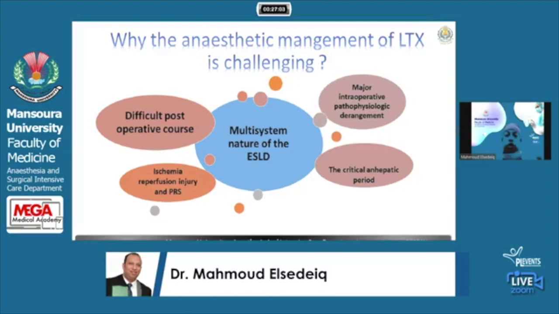Also, there are major intraoperative pathophysiologic derangements: the critical anhepatic period, ischemia reperfusion injury, and post-reperfusion syndrome, and a difficult post-operative course.